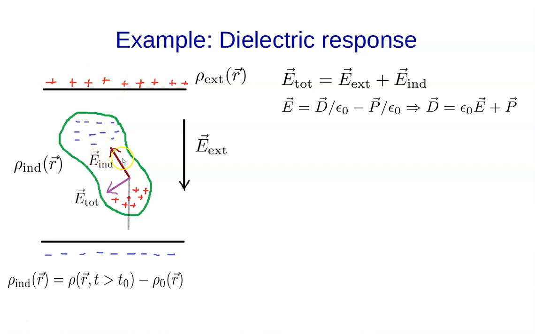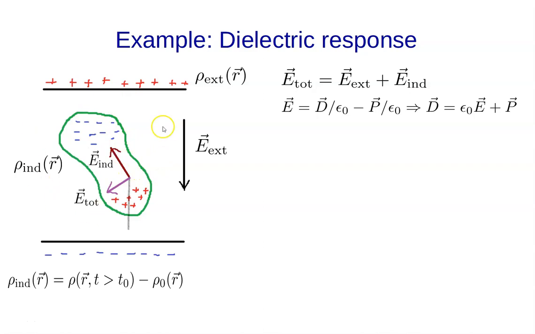So there will be a polarization, or an induced electric field, just because I'm applying this external one, right? This is like a transient situation, and the system is going to respond to this external field this way. So that's essentially the dielectric response we want to evaluate, right?